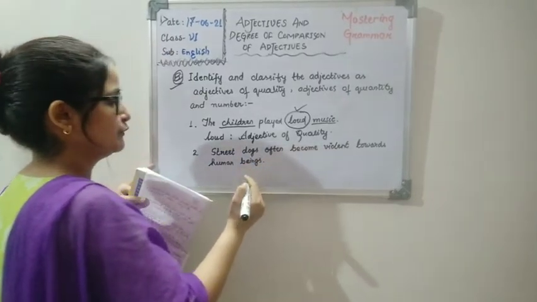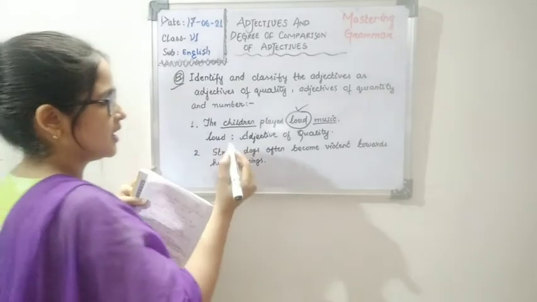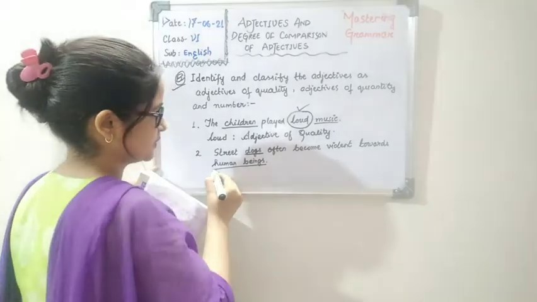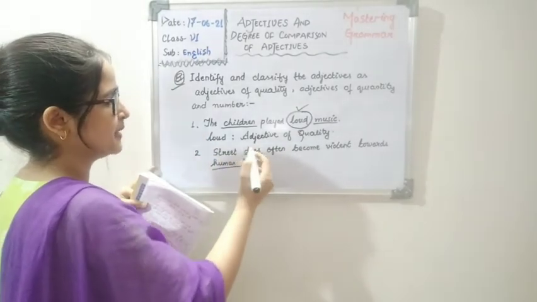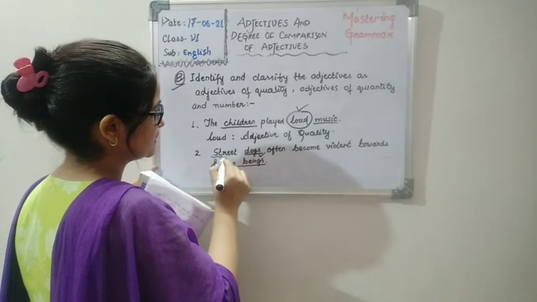Okay, now if you watch it closely, the nouns here are dogs and human beings. Nothing is being said about human beings, but dogs are being called street dogs first.